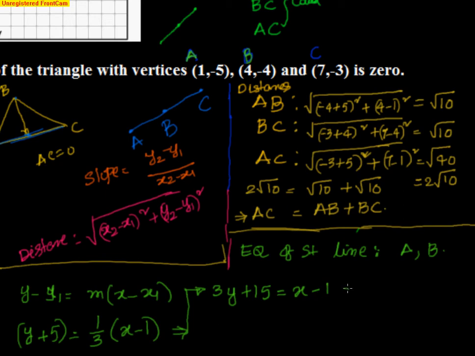That simplifies to, if I bring this here, it becomes x minus 3y is equal to 16, right? This is the equation of the straight line which we obtained by taking points A comma B. Now we have created the straight line.